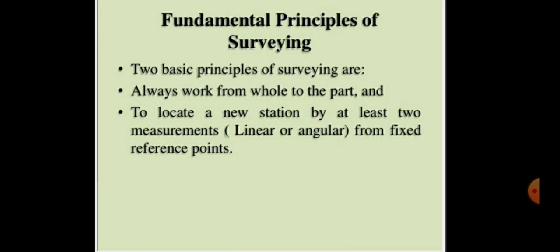That is, when you locate a new point with the help of two reference points whose positions are already known, you can calculate it with either linear or angular measurements. Linear means with the help of some distance, and angular means with the help of some angle.